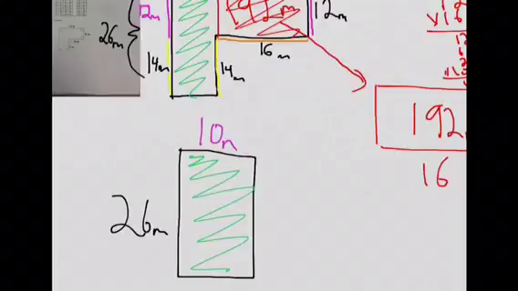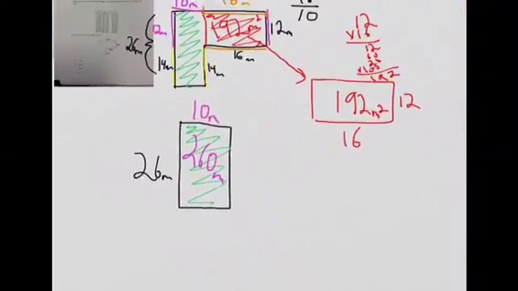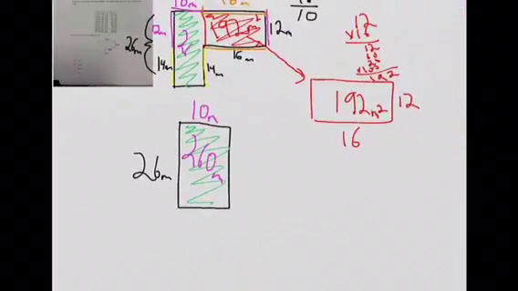So 26 times 10 is going to be 260 meters. Now, I'll go ahead and write that in here, 260. I'll take the 260 plus the 192. Let me just add the units, meters squared.